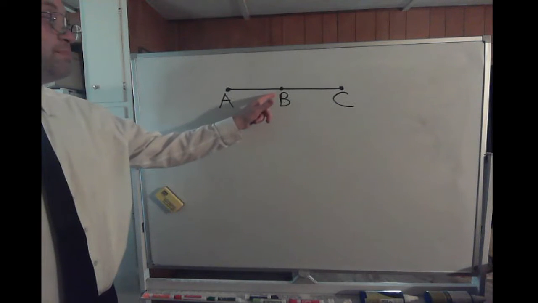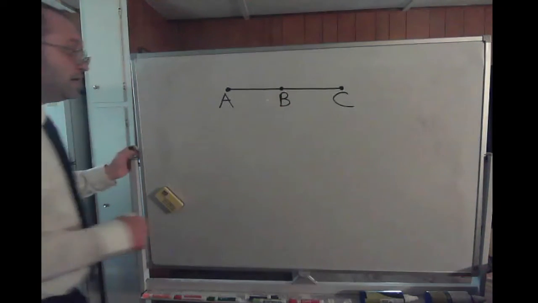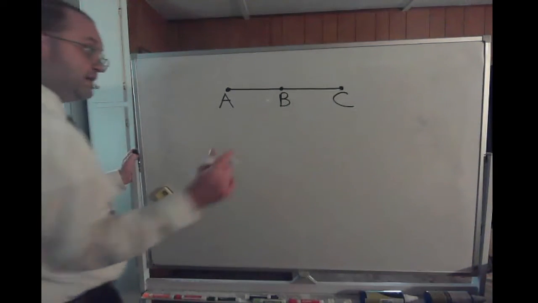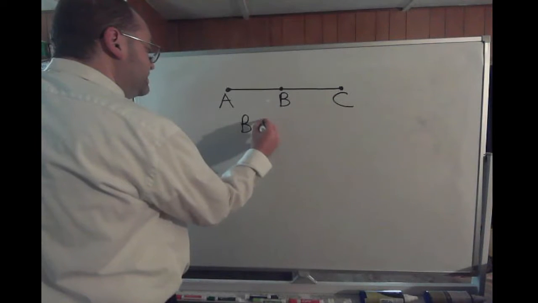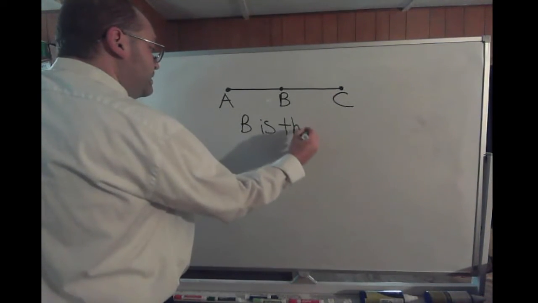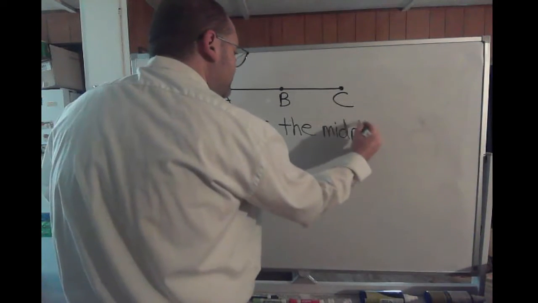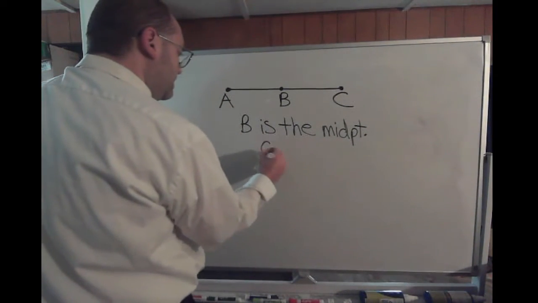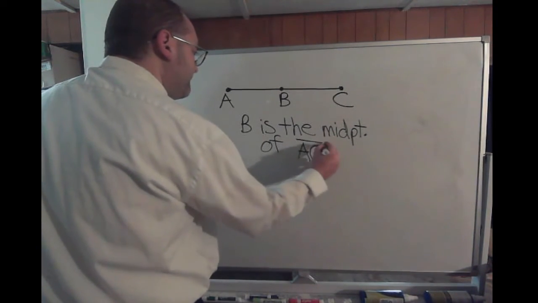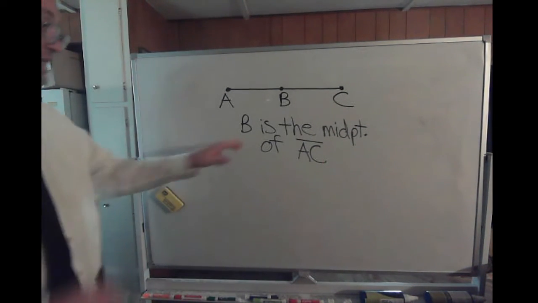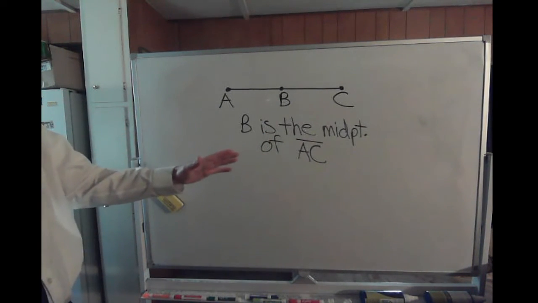Right smack dab in the middle I have point B. Well, if B's in the middle of the segment, we can say B is the midpoint, which I'm going to abbreviate mid-PT period, of segment AC. So we could say B is the midpoint of segment AC if it's smack dab in the middle.